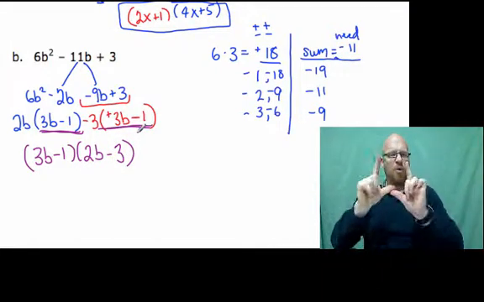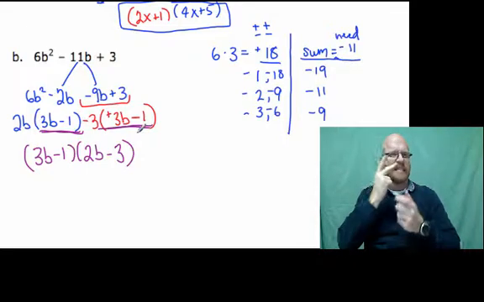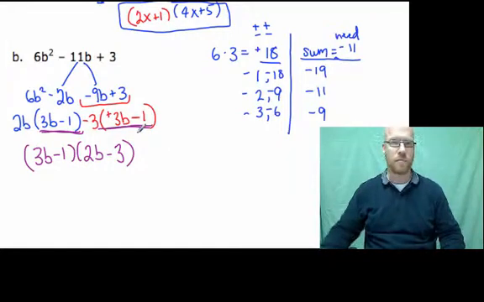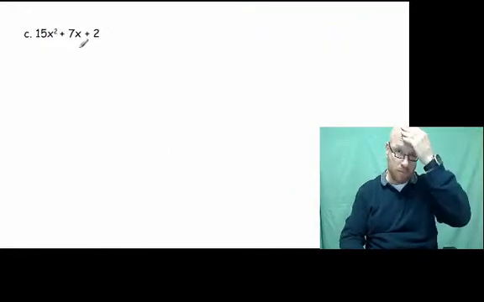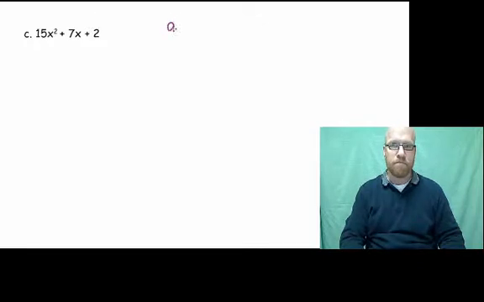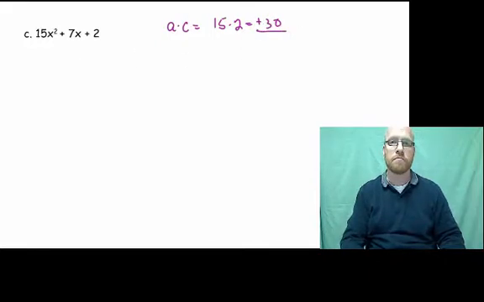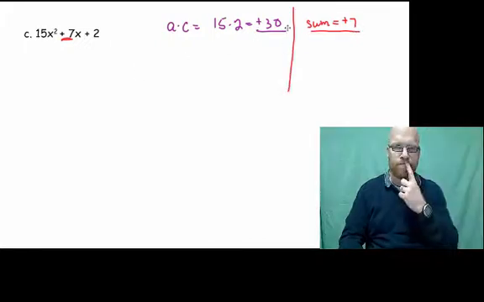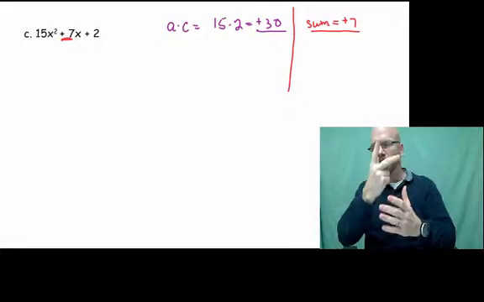Now our last example, we're going to try and factor our third example now. Okay, so our product is positive 30, a times c.